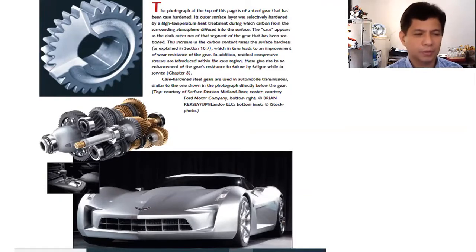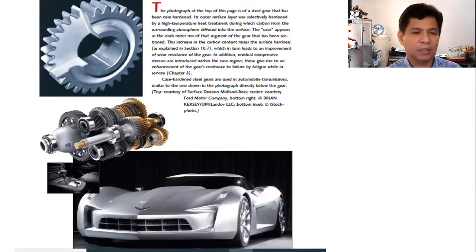Of course, in a transmission, you have first gear, second gear, third gear, fourth gear, fifth gear. So as the gear number increases, the gear ratio also increases. Okay?